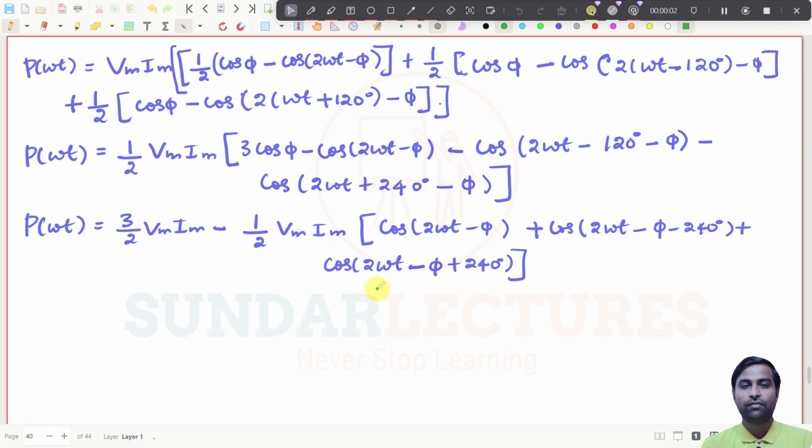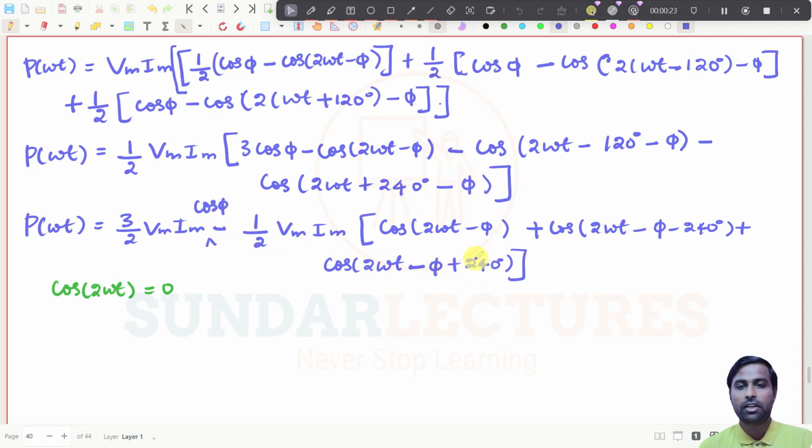And you see, we know the sum of the cos of 2 omega t terms will always give you what? 0. So all these terms, and now maybe I have missed one thing, that is cos pi. I have missed out, right? This is cos pi.